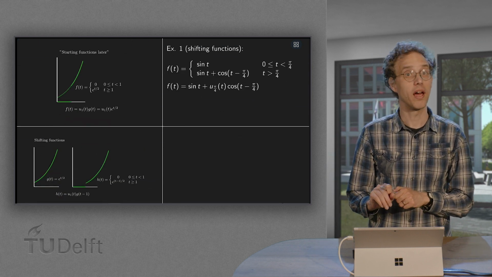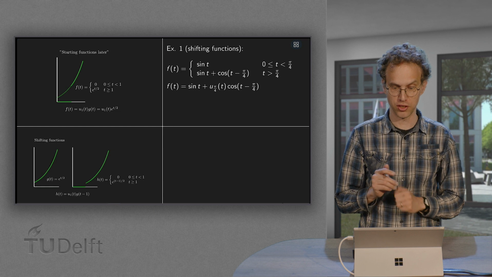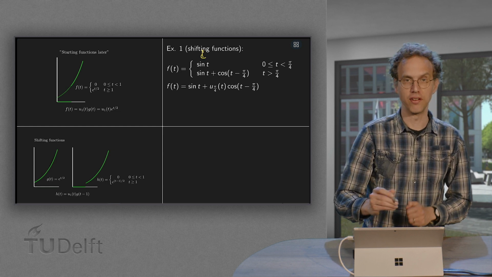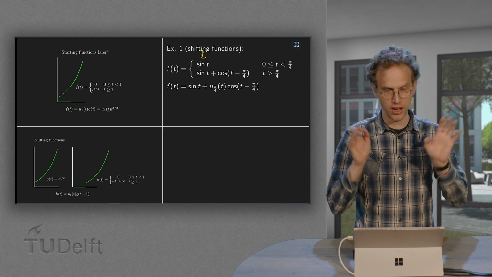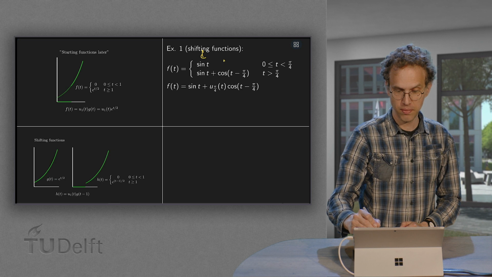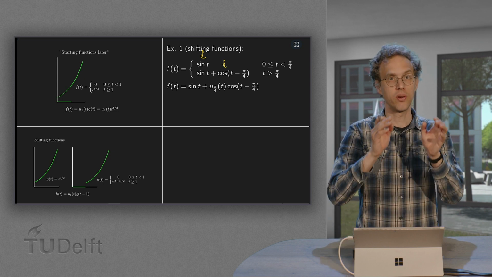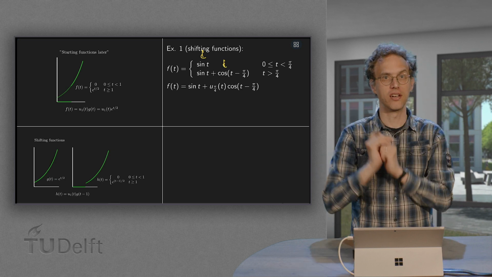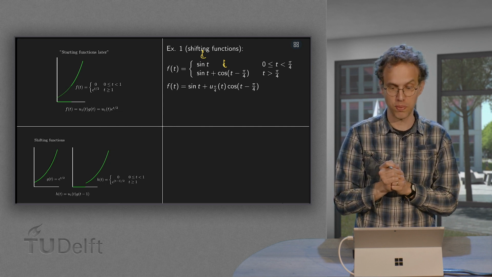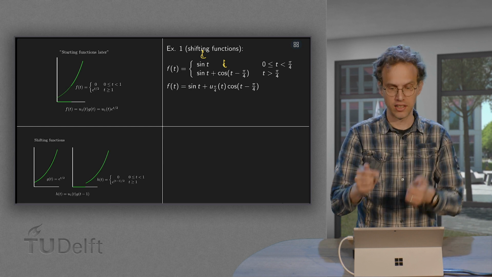So let's do some examples. First we shift a function. So what do we have over here? We have a sine of t. Okay, that's fine. The sine of t is everywhere. And then we have a cosine of t, and we say, okay, we shift our cosine to start at t equals pi over 4, and then we add it to our sine.